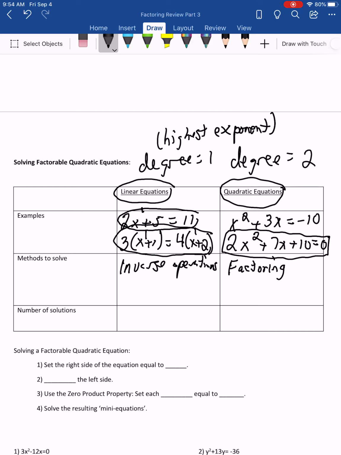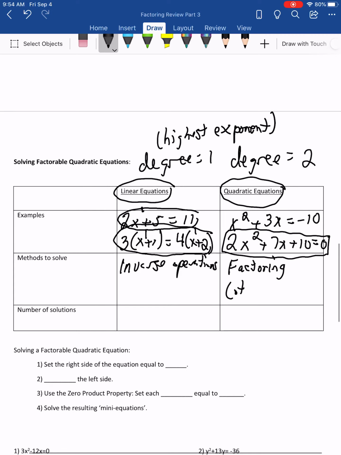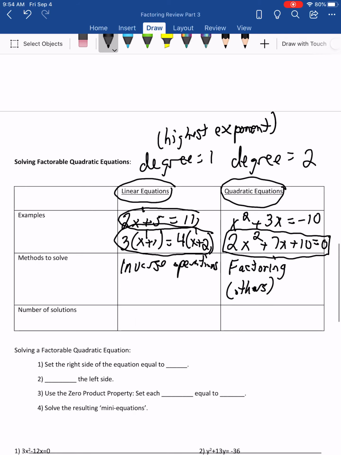You also learned a few other methods last year, like the quadratic formula, that big formula with the square root in it that you hopefully remember. We also learned completing the square and a little deeper will go this year, okay? All right, so there's factoring and there's others, but we just need factoring right now.